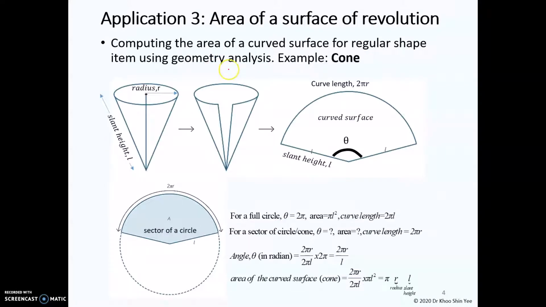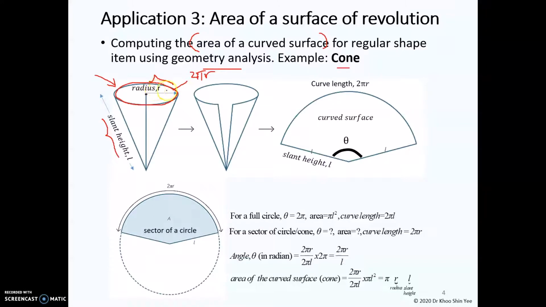In this example, it shows the geometry analysis to find the area of the curved surface for a cone. You can see that this is a cone, and you have the parameters: slant length L, height here, and the radius r here. So for this circle, the circumference is equal to 2 pi r.